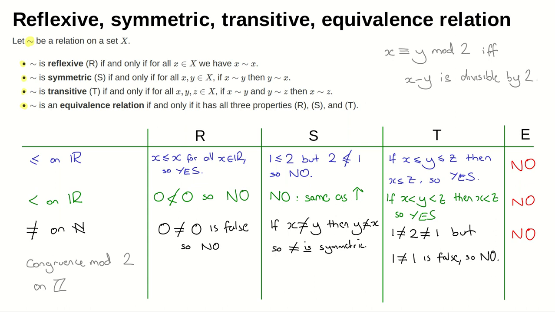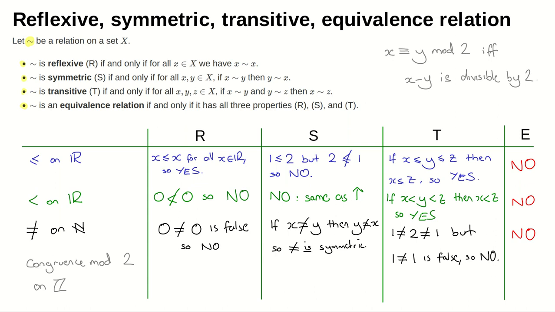Well, is it reflexive? Again, you should pause the video and decide for yourself whether this relation is reflexive, symmetric, or transitive. And now I'm assuming that you've done that. So the answer for reflexivity is yes, it is reflexive.